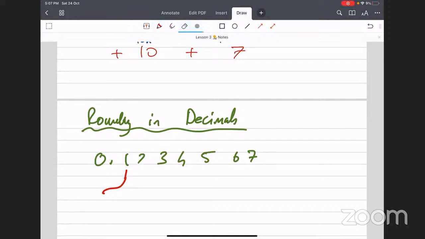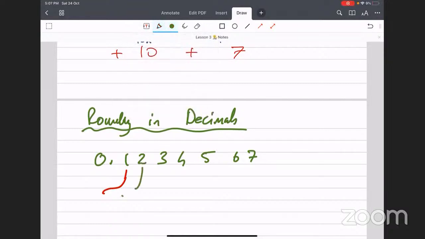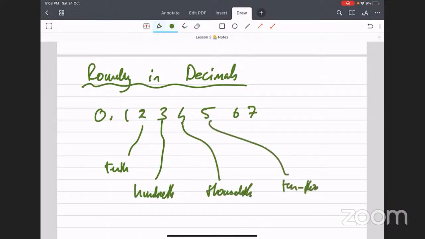This is called tenth, then hundredth, thousandth, ten thousandth.